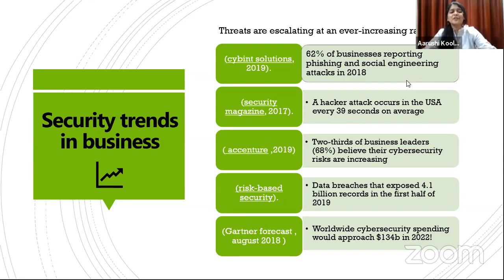Gartner forecast in August 2018 that worldwide security spending would be approximately $134 billion in 2022 just on security. $134 billion, a whopping sum. So now you know how important security is for any firm, ranging from a small firm to a large tech company like Amazon or Facebook or Twitter, right?